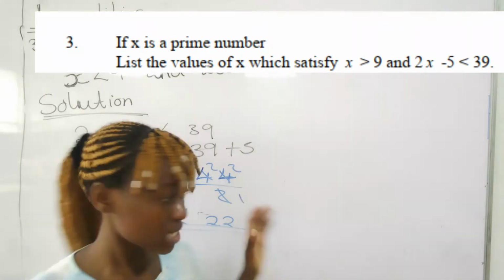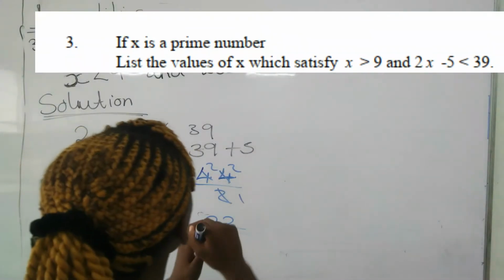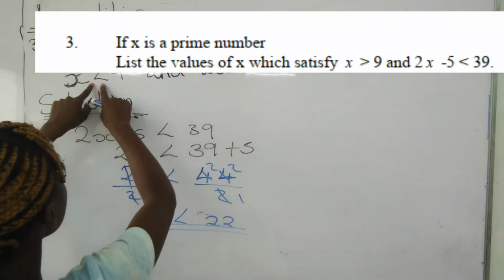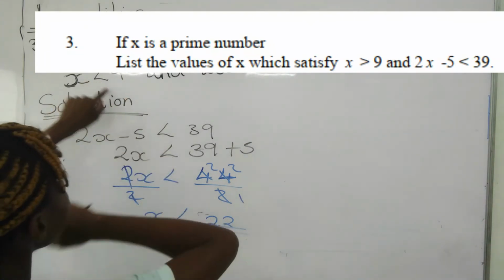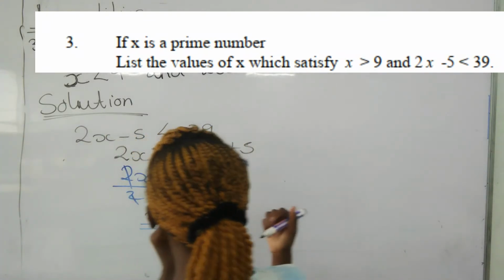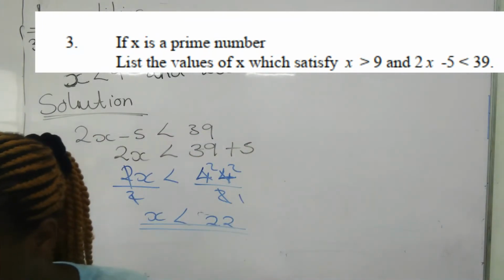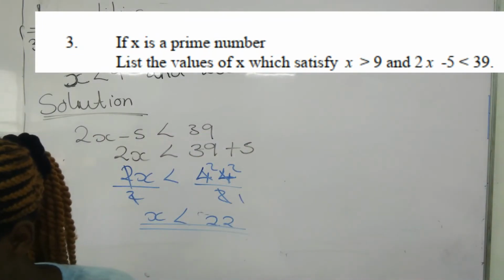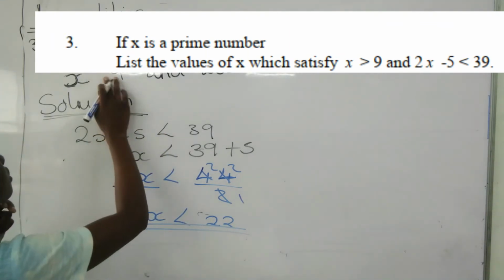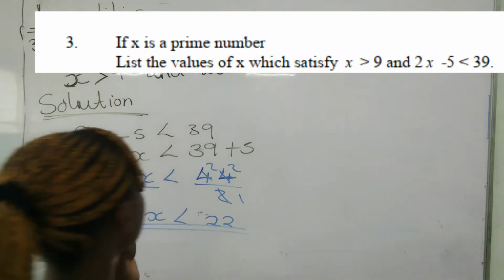But now we are required to find the values of x which satisfy x greater than 9 and this that we are given. So we are going to combine our values: for this one x less than 22, for this one x greater than 9. This is not a less than, this is greater than, guys.